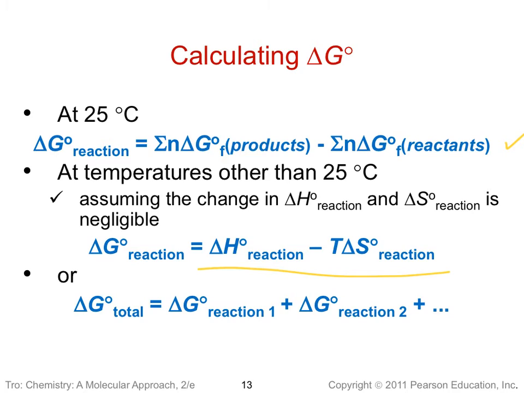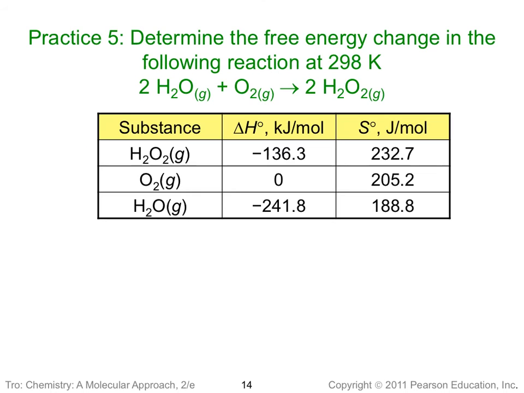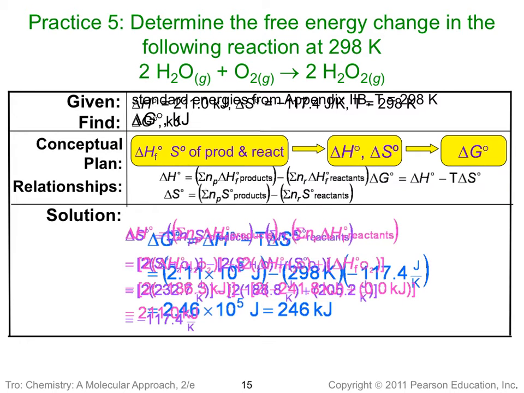And if we do it for each reaction, then we can look at a delta G total for each individual reaction. So another kind of application of Hess's law. So let's see how we apply that. And ooh, that's all jumbled. We'll have to work that out in class.